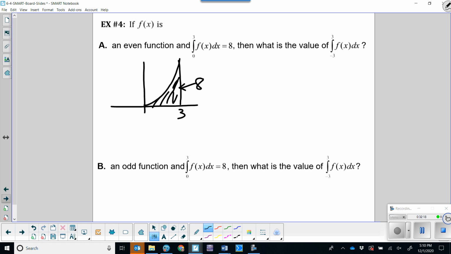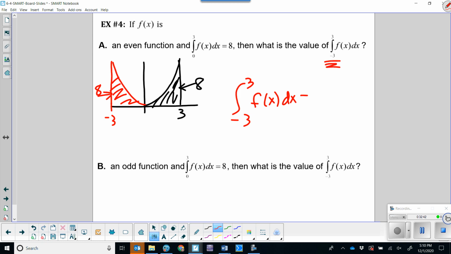Well, if it's an even function and we want to go from -3 to 3, you would have just a mirror image over here, right? Because it's an even function. Even functions are symmetrical about the y-axis. So this would also be 8, which means my answer for the integral from -3 to 3 of f of x dx would simply be 8 plus 8, or 16.